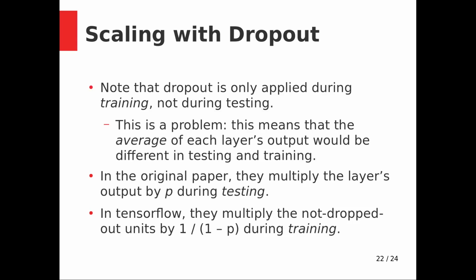I think one motivation for the change is that the TensorFlow version can just completely deactivate during testing. Because both the deactivation and the scale up occur in training, the TensorFlow dropout layer in testing can just be a no-op and do nothing. Whereas with this version, you have to keep the dropout layer and have it do something during testing.